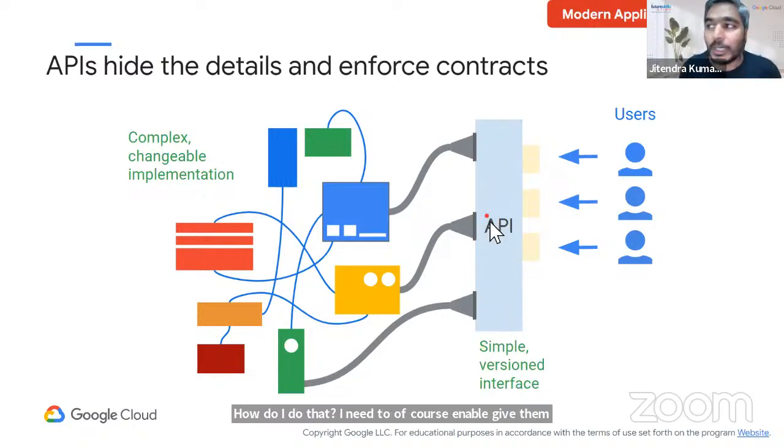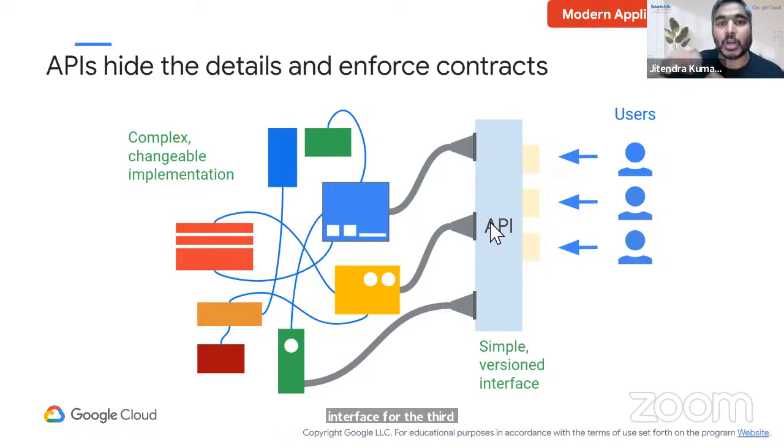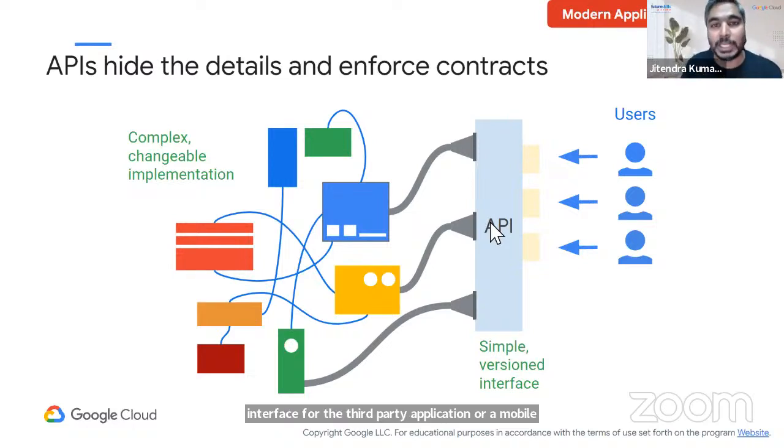So what an API does is it abstracts out all the complexities, all the implementation details, and what it gives you is basically a versioned interface for the third party application or a mobile device to make an API call.